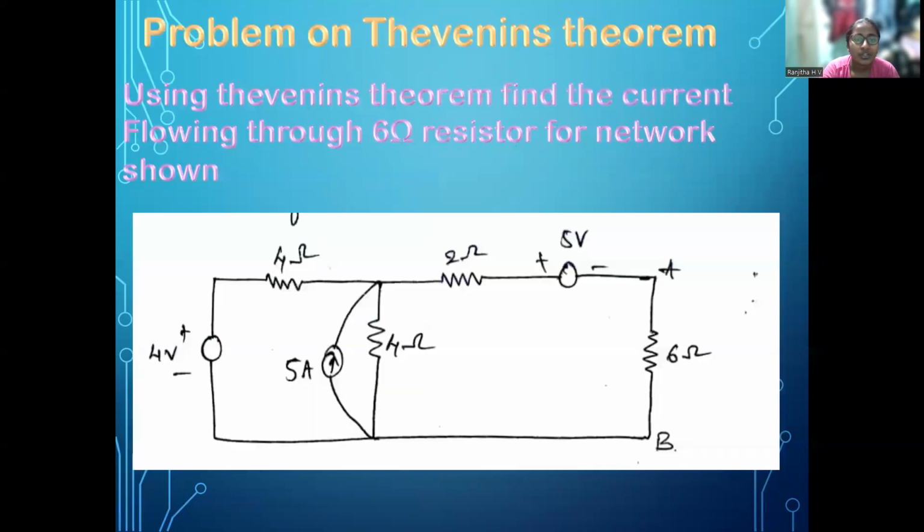Similarly, we are going to discuss one problem on the basis of Thevenin's theorem. Using Thevenin's theorem, find the current flowing through the 6 ohm resistor for the network shown.